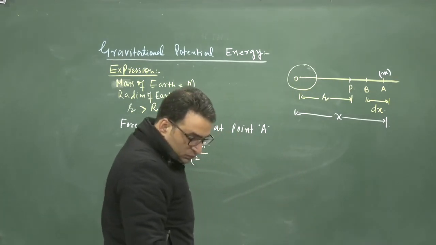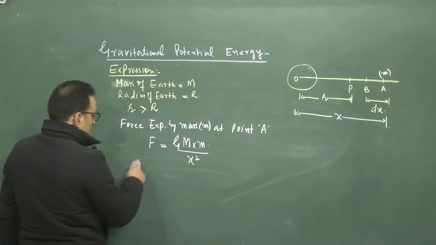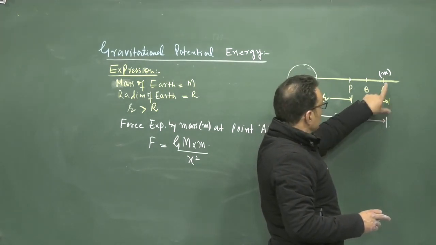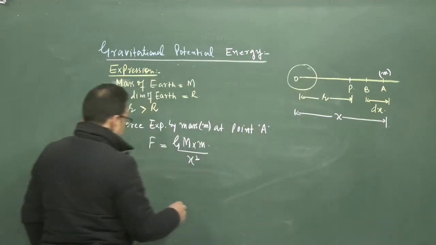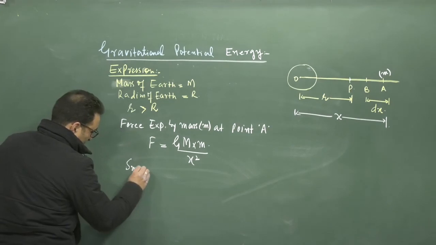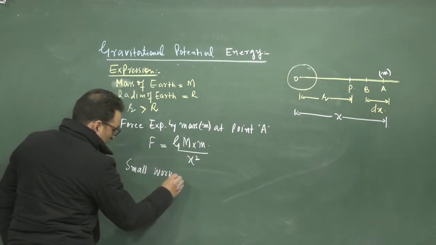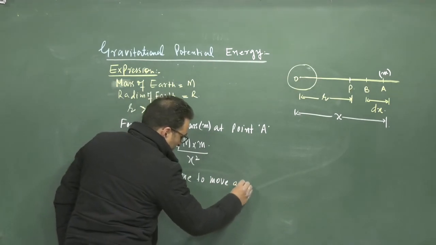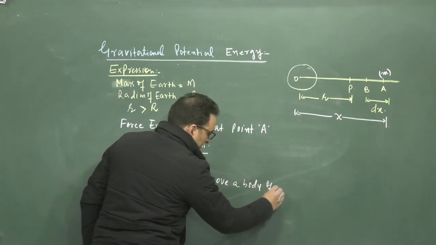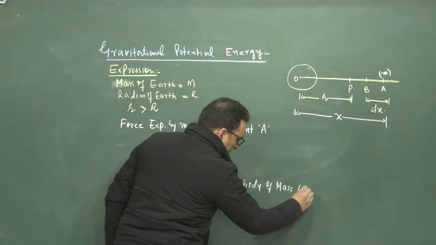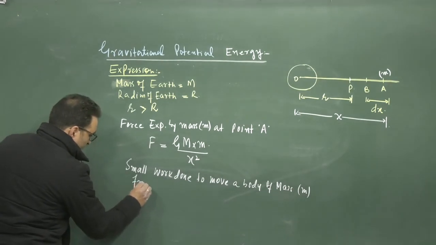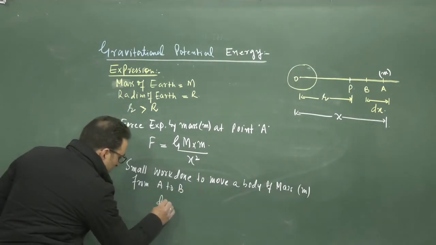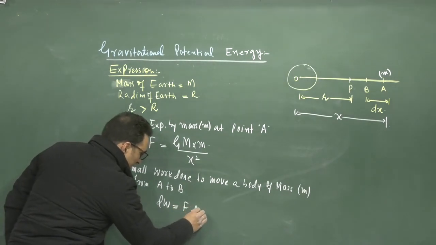Now, let me calculate, same as in the previous article, previous question, small work done in order to move this body of mass m from A to B. Small work done to move a body of mass m from A to B. That work done will be equivalent to dW equals F times dx.